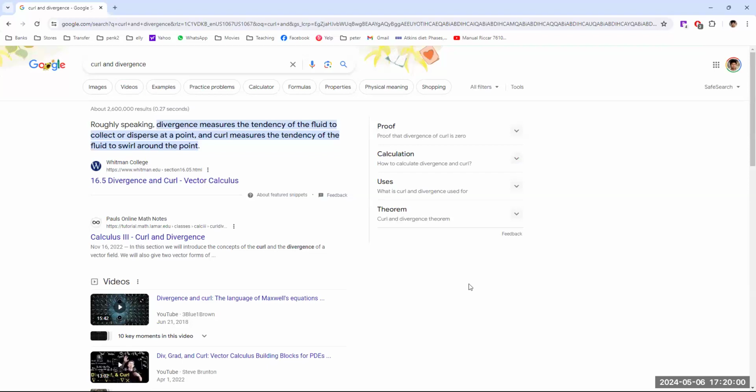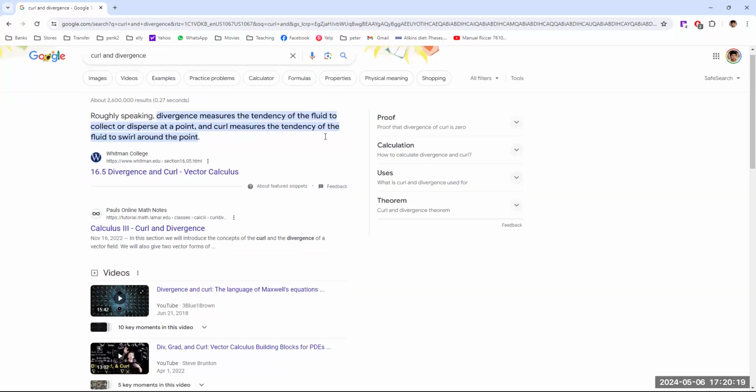We have here that, roughly speaking, divergence measures the tendency of the fluid to collect or disperse at a point, whereas the curl measures the tendency of the fluid to swirl around the point, to go rotational.